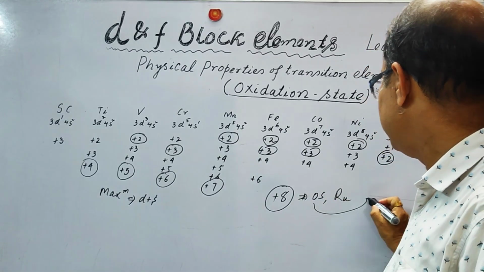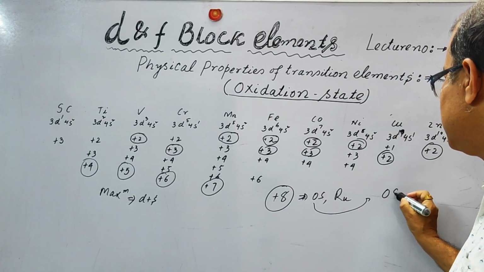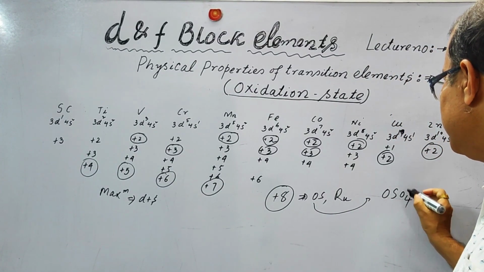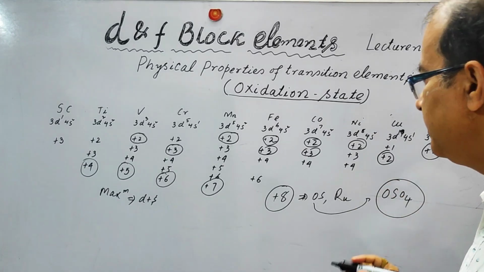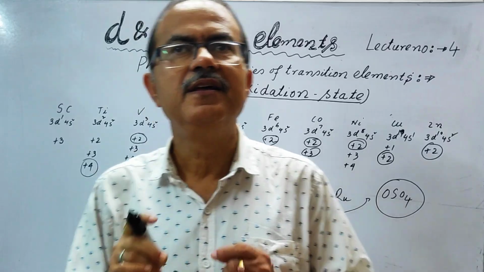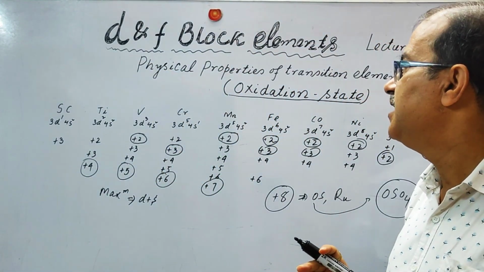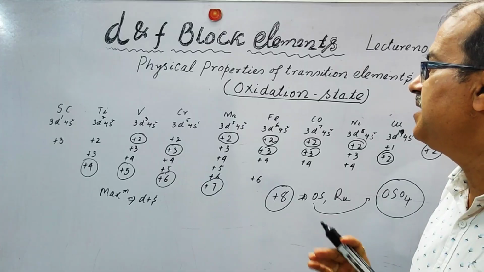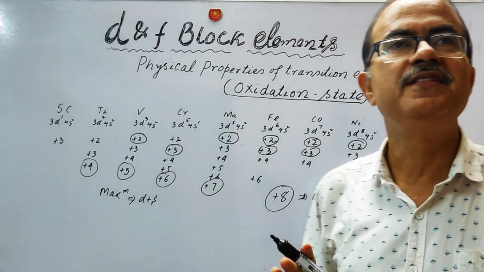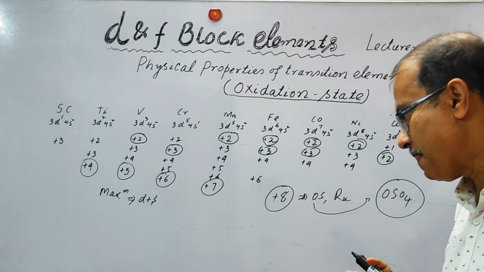In osmium, you will find it in the compound OsO4. So we understand there is a variable oxidation state in the transition elements. We have observed this in the case of the 3d transition series.